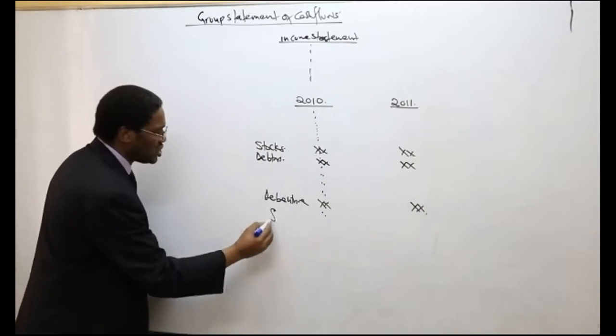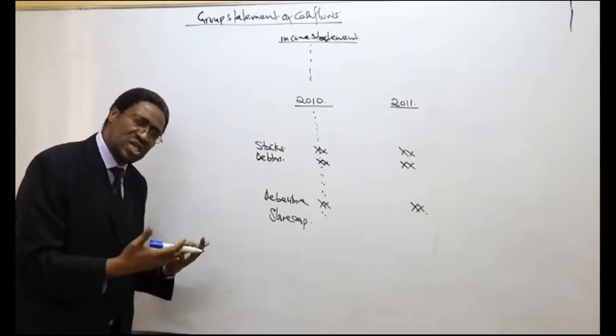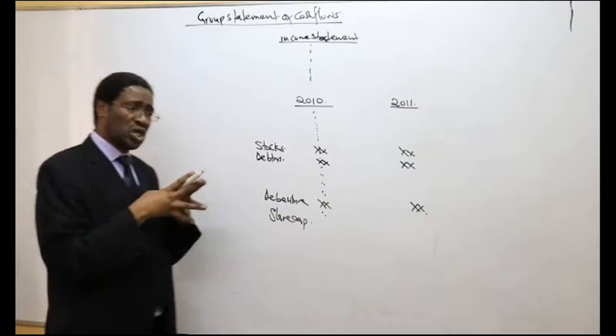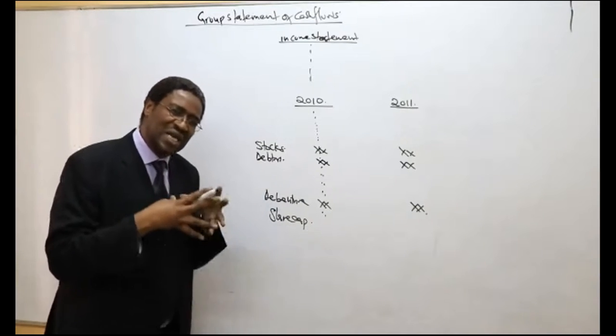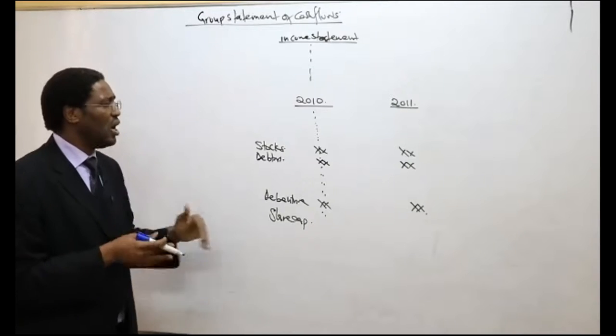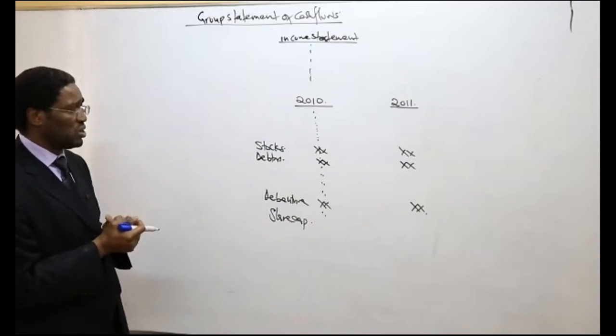If you're analyzing share capital, you want to know, did we issue more shares this year? So the point I'm trying to say is, every time you're given a question on cash flow, you must analyze every item that you're given in your balance sheet, to find out how it will help you to prepare your cash flow statement.